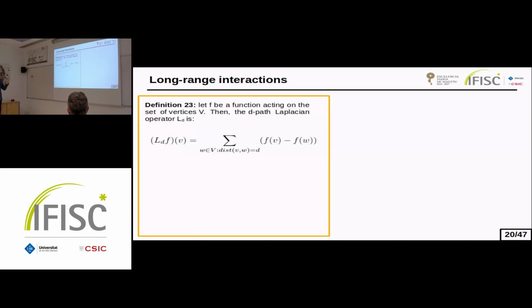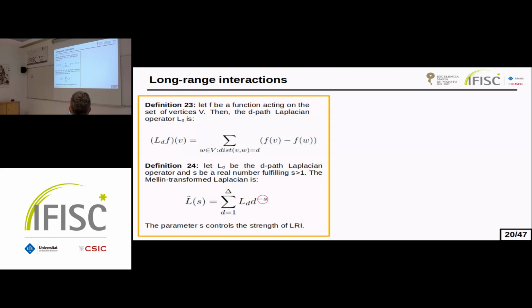And in order to allow jumps of any arbitrary length in the network, that is long-range interactions or long-range jumps, what we do is add up over all possible D-path Laplacians with a corresponding penalization factor. So the same idea as in the communicability.